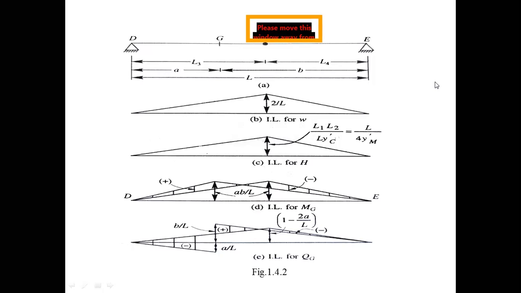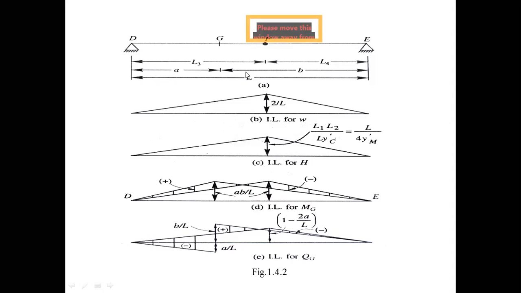Now, I already explained the previous derivation. I will take the stiffening girder DE, with the third hinge kept at a distance L3, and G is any point on the girder placed at a distance a. That's enough. Now for these positions, you can draw the influence lines.